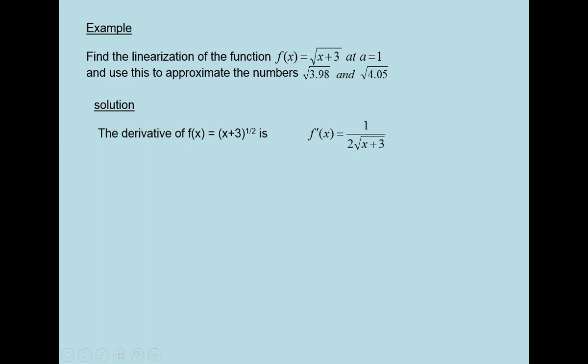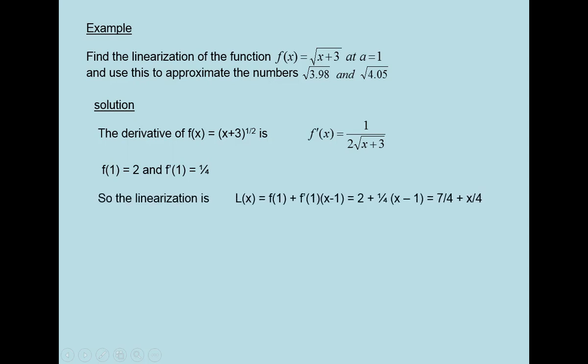Our f prime of x would be 1 divided by 2 times the square root of x plus 3. We know f of 1 equals 2, and f prime of 1, we could evaluate the derivative, would be 1/4. So the linearization would be 7 divided by 4 plus x divided by 4.